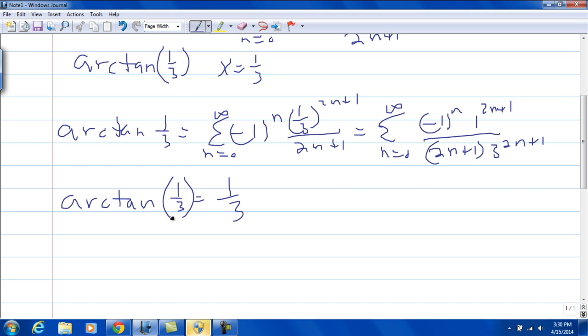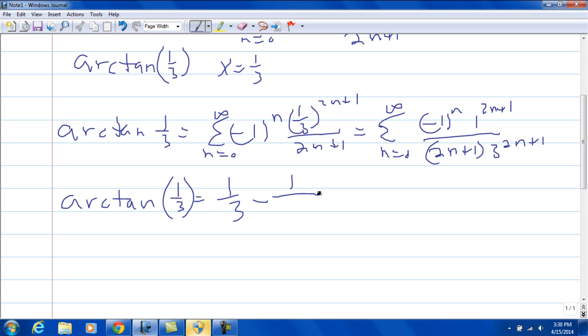Let's do n equals 1. For n equals 1, I'm going to have -1 to the 1, so it's going to be minus. Got a 1 on top, and it'll always be 1 on top, either plus or minus. 2 times 1 is 2, plus 1 is 3, so 3 from this portion here, from the 2n plus 1.